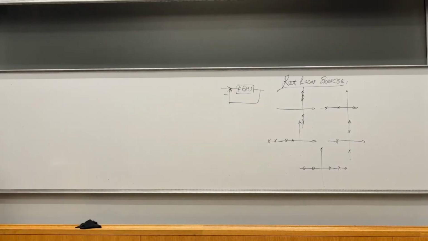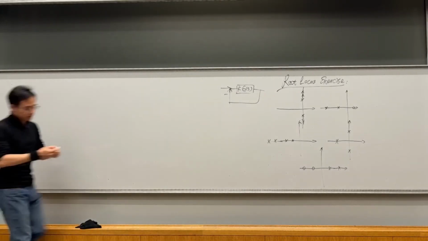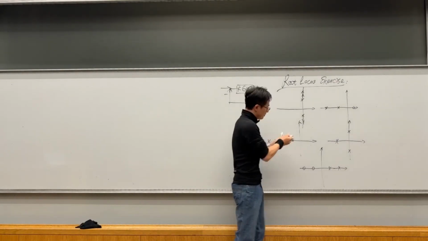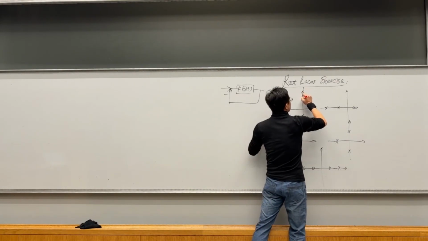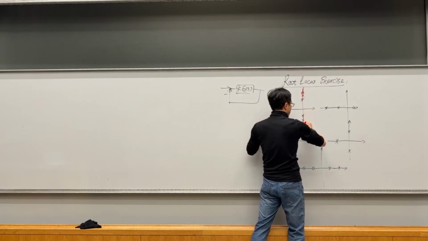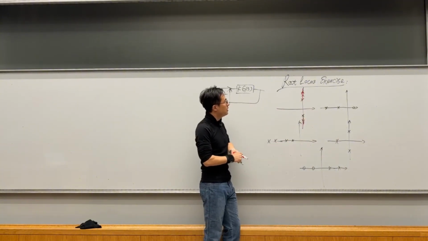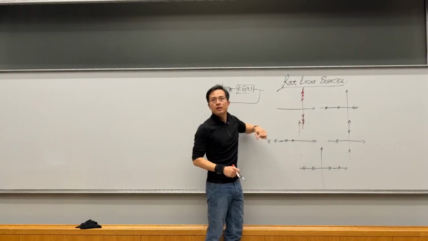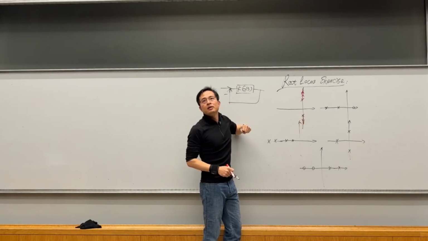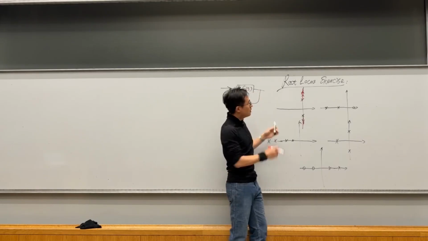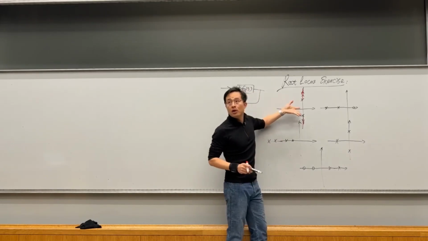It's easier, hopefully. So it starts at these open loop pole locations and then goes to infinity. This way it's symmetric, and then it satisfies the basic conditions of the asymptote condition.